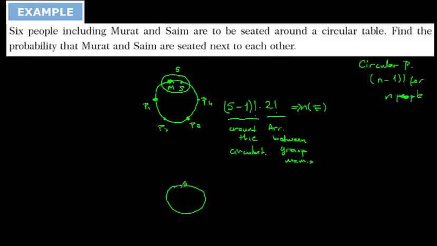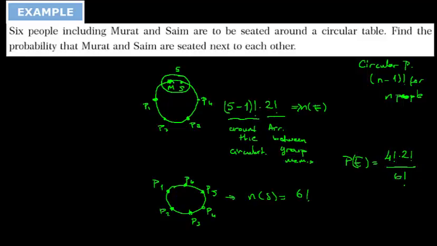If we have 6 persons, 1, 2, 3, 4, 5, and 6, the number of elements in the sample space is equal to 6 factorial different ways. So the probability of the event is going to be equal to 5 minus 1 factorial, which is 4 factorial, times 2 factorial over 6 factorial. In the exam, the calculation part belongs to you.